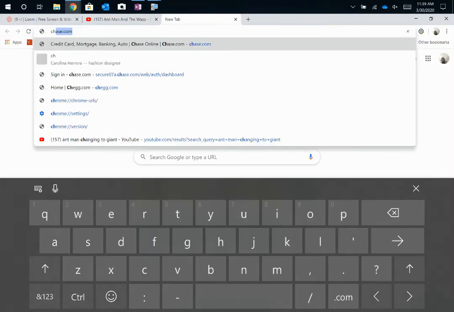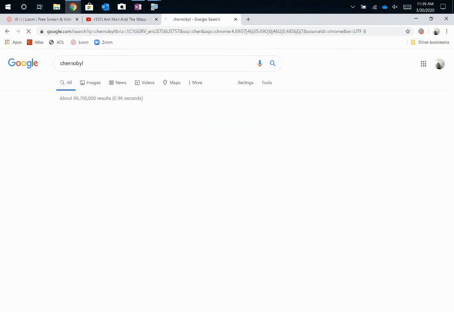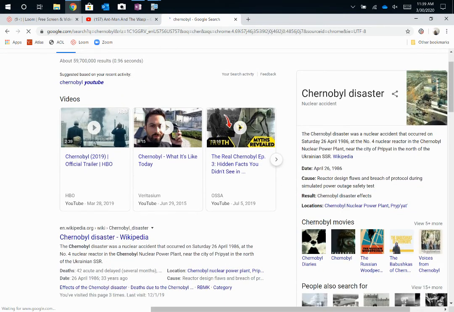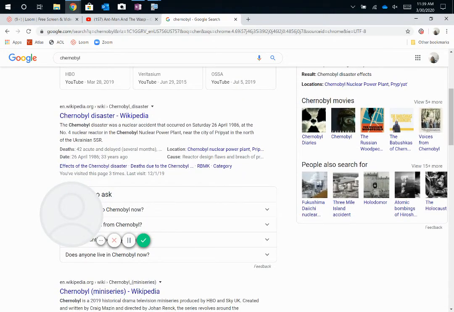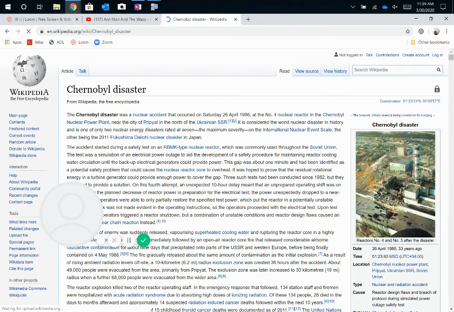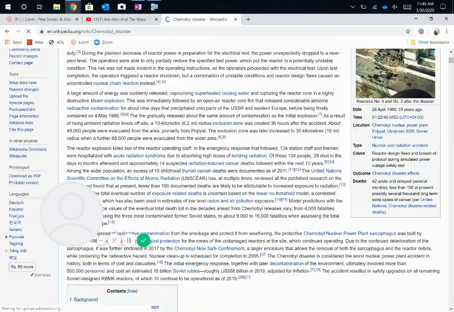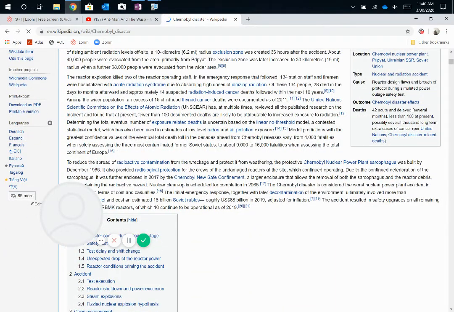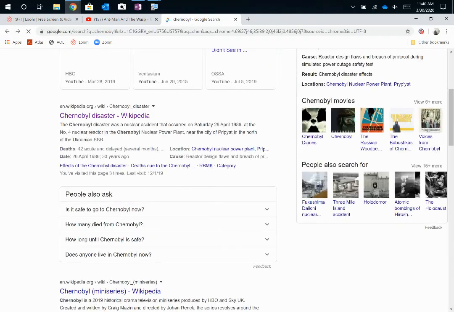Chernobyl was a disaster that occurred in Ukraine, and for years people are not going to be able to go into that site, because the radioactive material has not decomposed, has not decayed to an acceptable level.